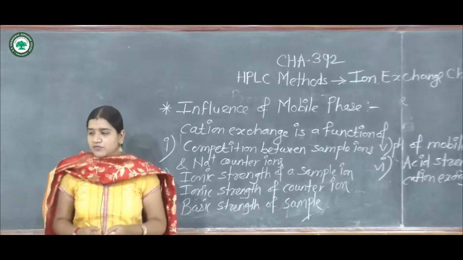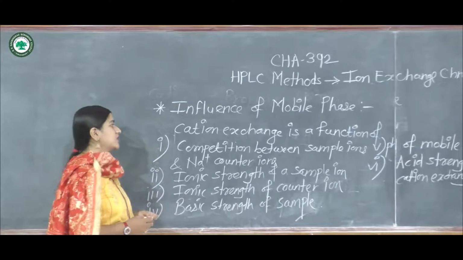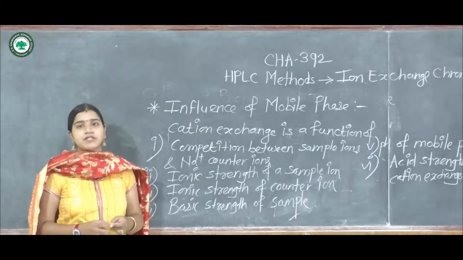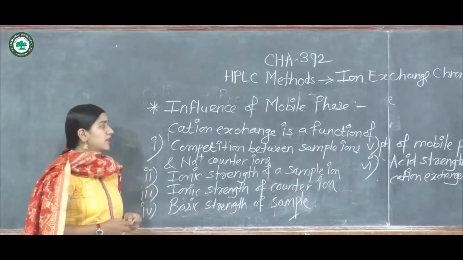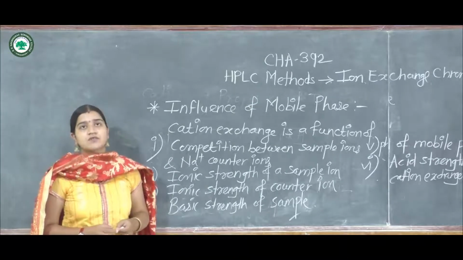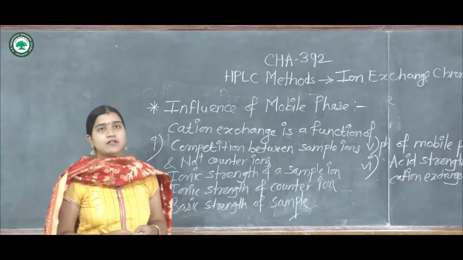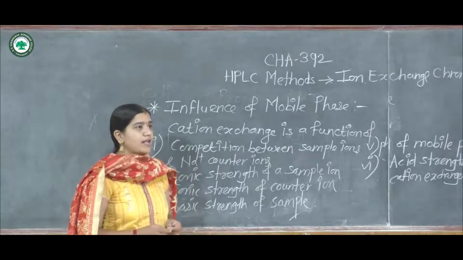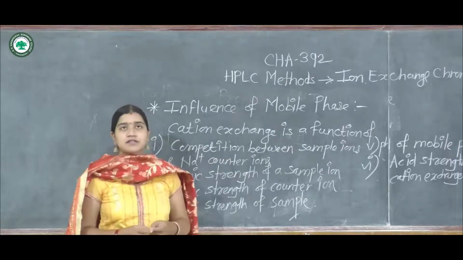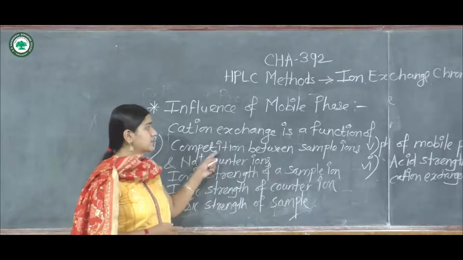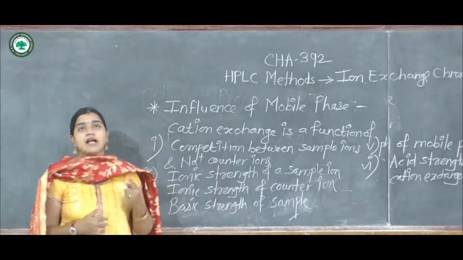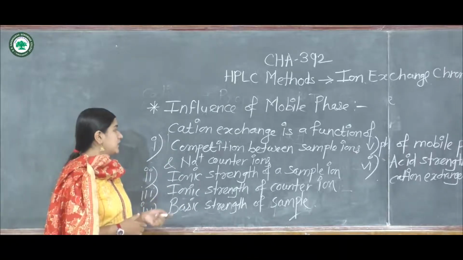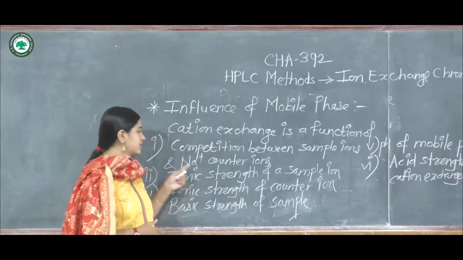Cation exchange is a function of competition between the sample ions and the counter ions. Counter ions and sample ions, what is the difference? The cations present in the sample that you want to analyze, we call them sample ions, and the cations which are supplied through the ion exchange column are called counter ions.